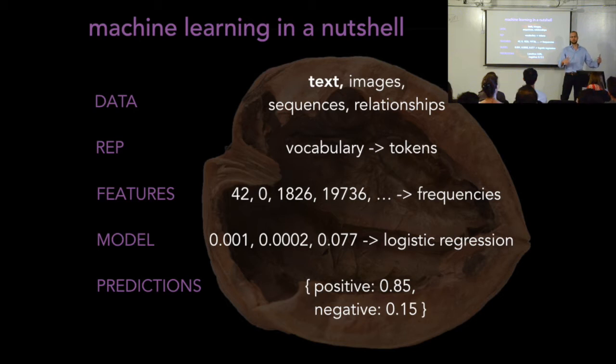We take the text and say, this word is this word from the vocabulary, and we give it a number. All these tokens, we make a sequence of them, which is just like your sentence, only this is something that a machine can work with. We take these features and count them, and we get frequencies. We feed that into a model, in this case something like logistic regression, and we end up with a probability of this thing being a positive tweet or a negative tweet.